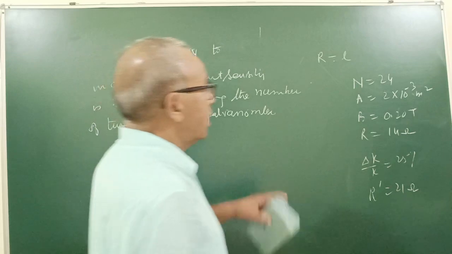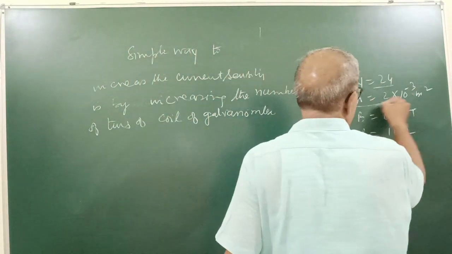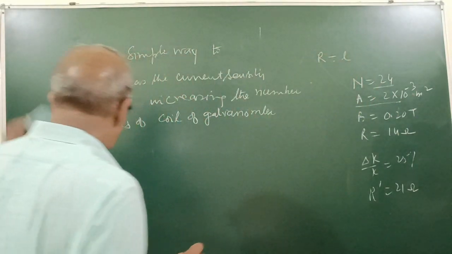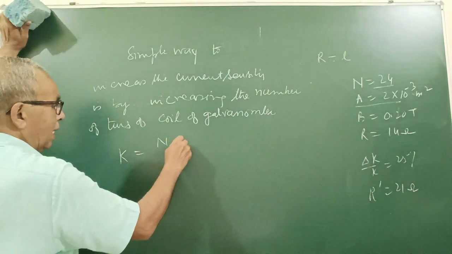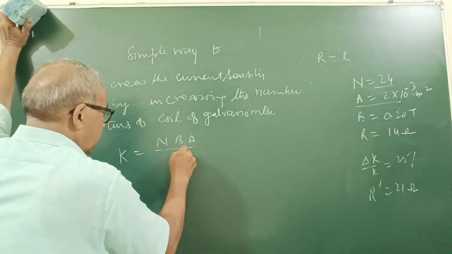At present it has 24 turns, area this, B this. So very simple, we know K is equal to NBA upon C.